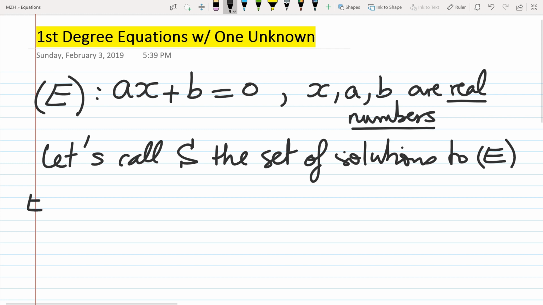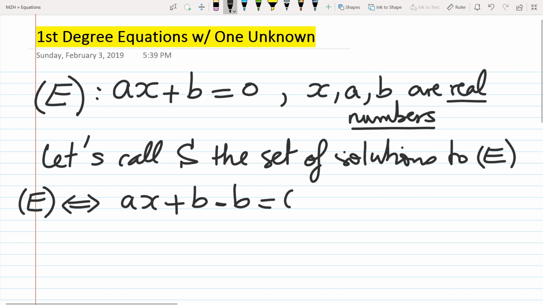So we'll say that E is equivalent to ax plus b equals 0. So up to this point I haven't done anything, but now I'm gonna try to balance the right and left hand side by adding minus b to each side. So I'll write it here so that it is much clearer to you. 0 minus b.